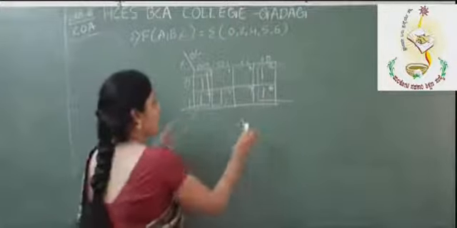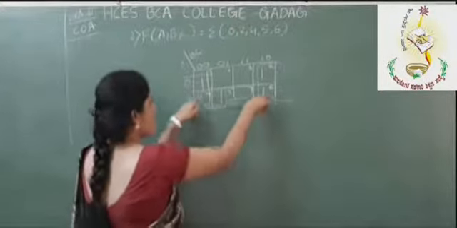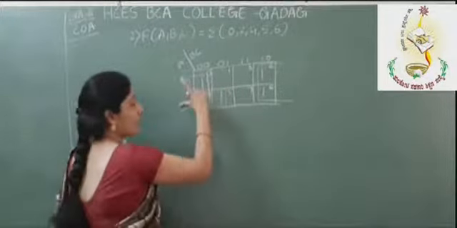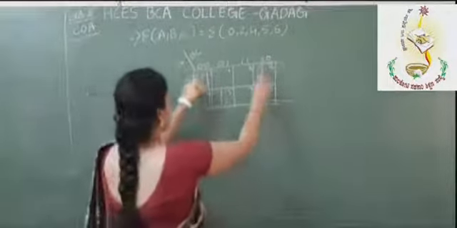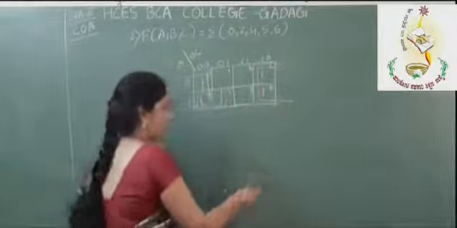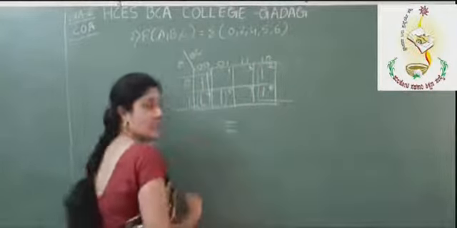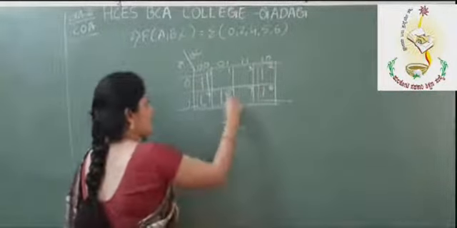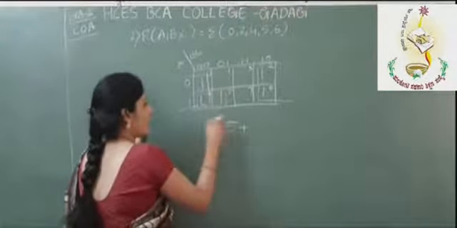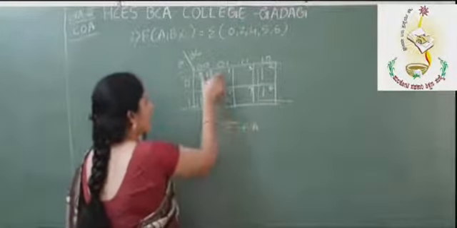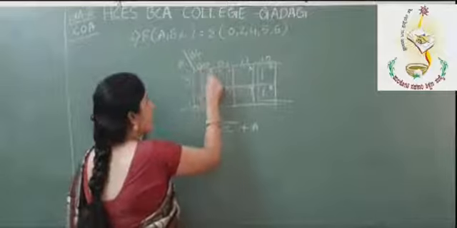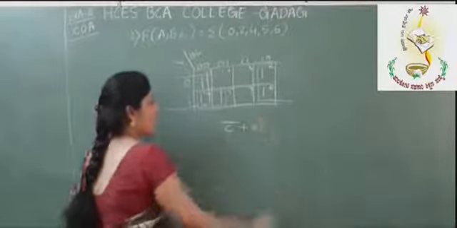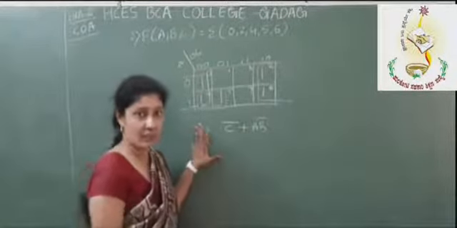Let us consider the quad first. For this quad, horizontally nothing is common, and vertically C bar is common. So C bar plus, for this pair, A and B bar are common. So this is the logical expression.